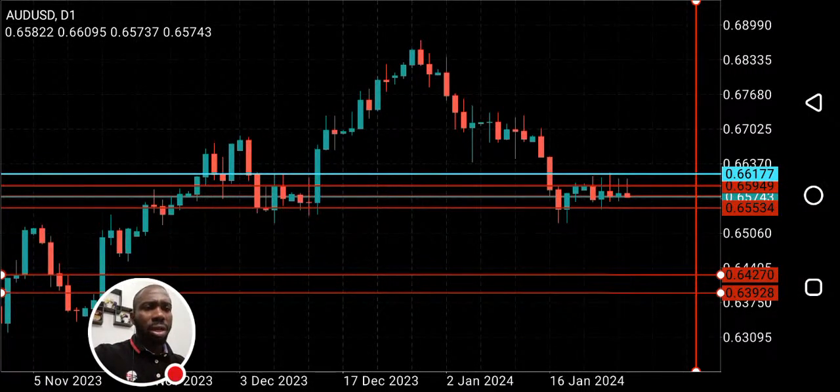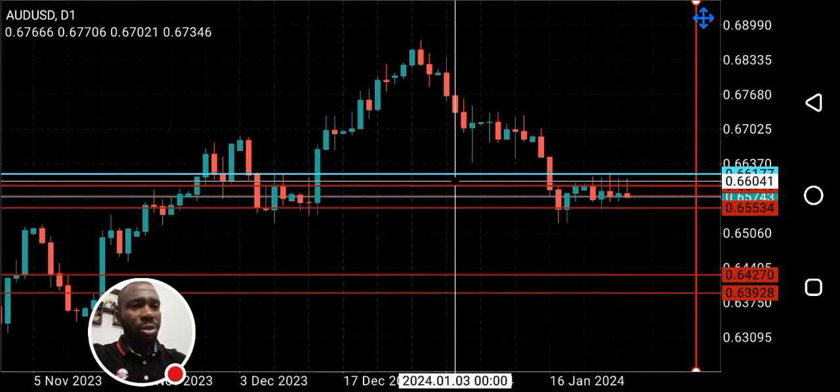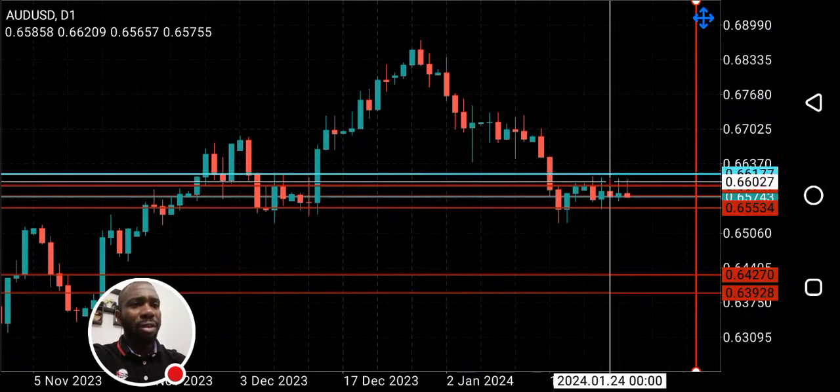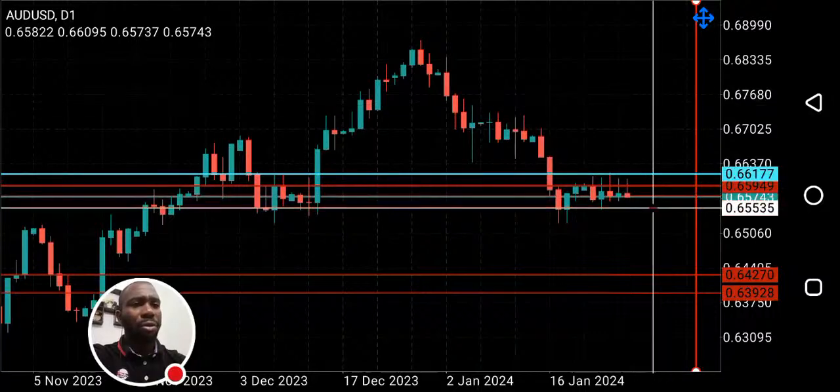So I think this week Australian dollar USD is likely going to be bearish. And if you are considering buying, you should wait for a candle to close above this high before you buy. That's my take on Australian dollar USD.